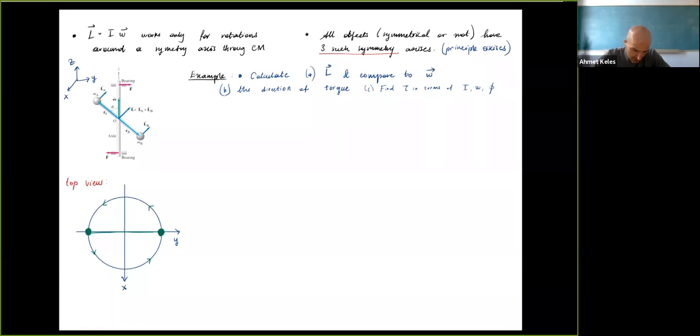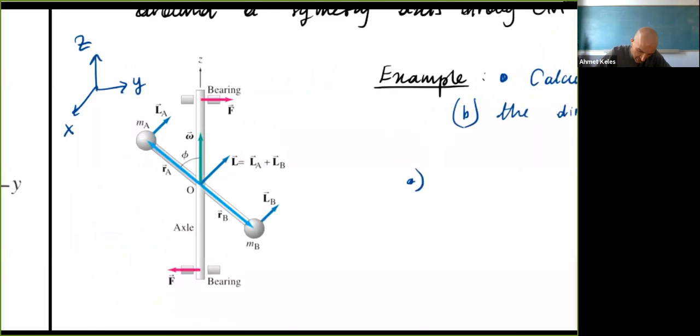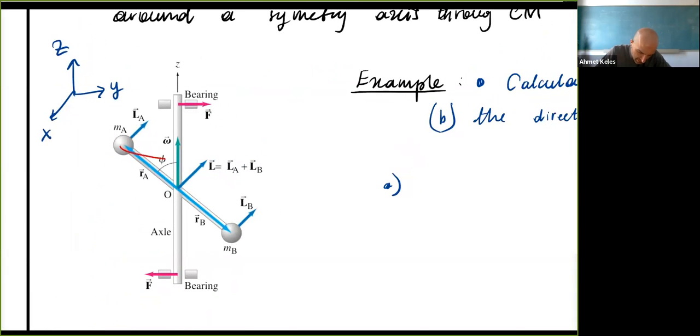So maybe I can ask you, in which direction do you think omega points? So this one is going like this. Okay, maybe I can use a better color. So this one is going like this, and this one is going like this.